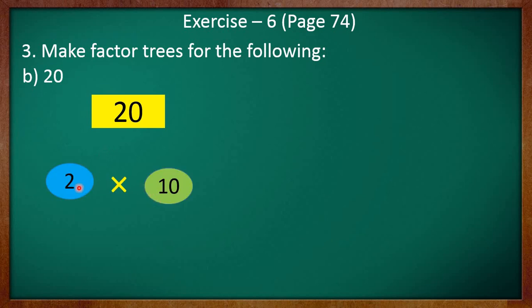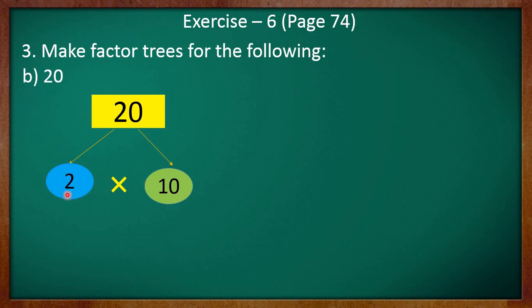So the multiplication fact 2 multiplied by 10 will give us the two branches of this factor tree, because the smallest and the greatest factor of this number will not be written as the branches of the factor tree. So we will make 2 and 10 as two of the branches of this factor tree.